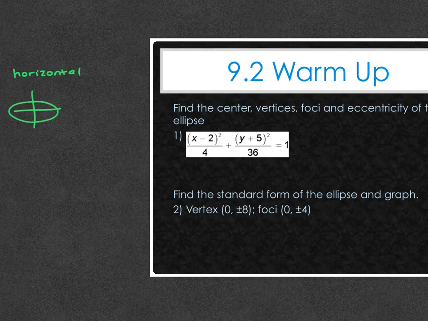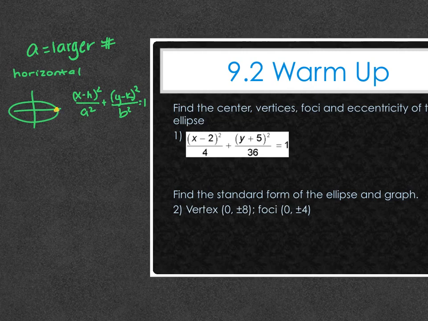And that has an equation that's (x minus h) squared over a squared plus (y minus k) squared over b squared equals 1. So a couple important things here are that it has to equal 1 for an ellipse, and the a is the larger number. So if the larger number is under the x, then I know it's horizontal.